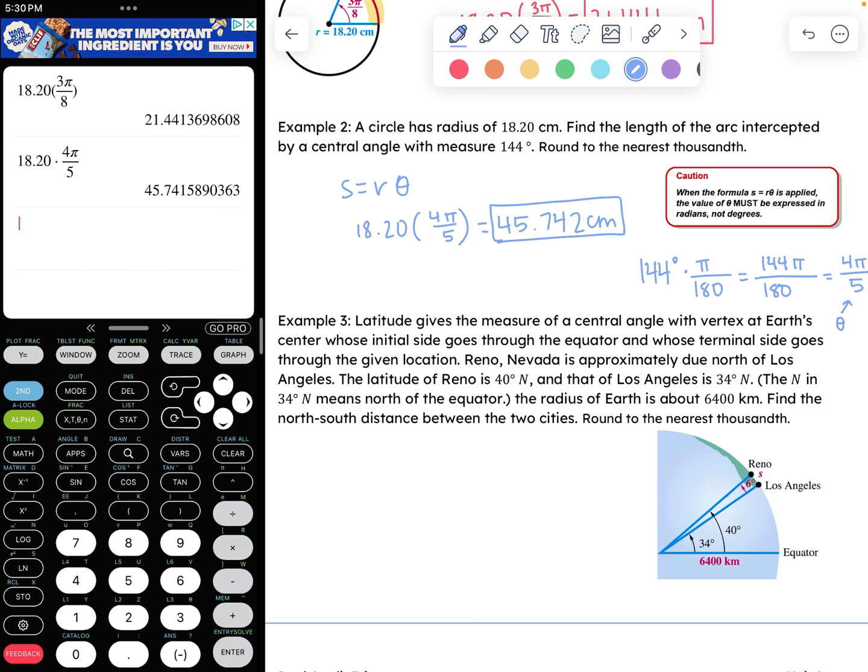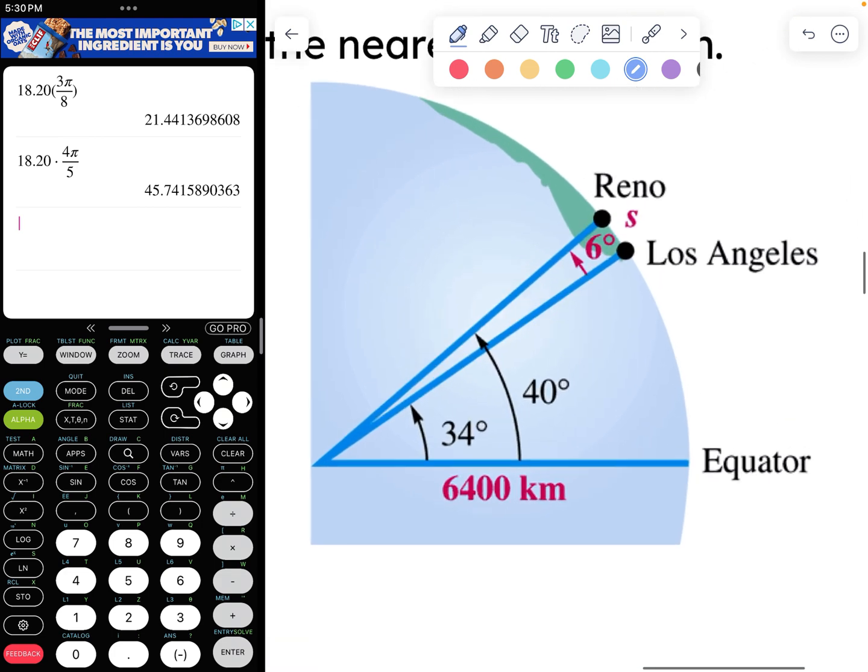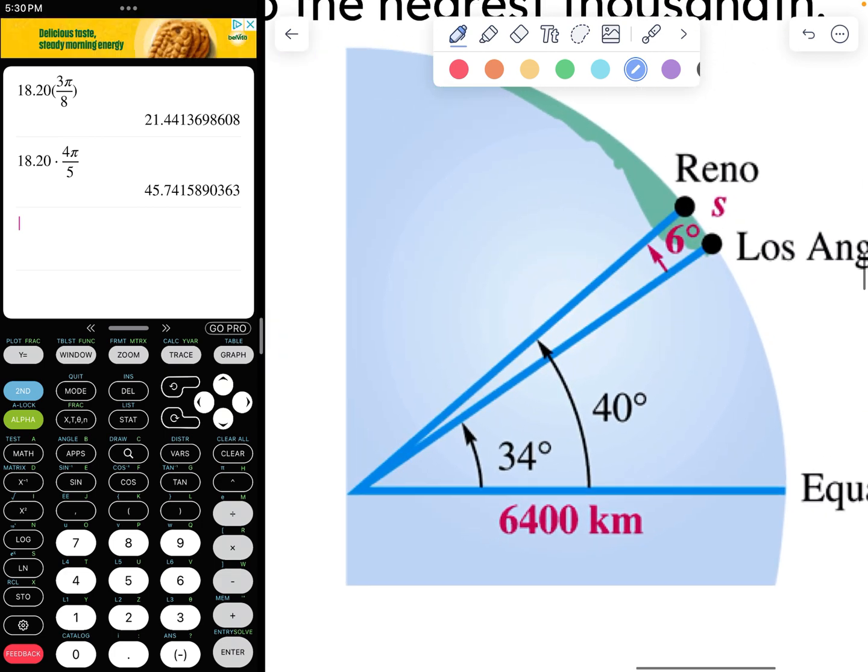What I'm trying to do here, and I'm going to zoom in on the picture, is find the distance between the two cities, which would be this arc length right here. It looks really small, but that's what we're trying to find. And if you look, it already did the subtraction for us in the picture. The difference between the two is 6 degrees.